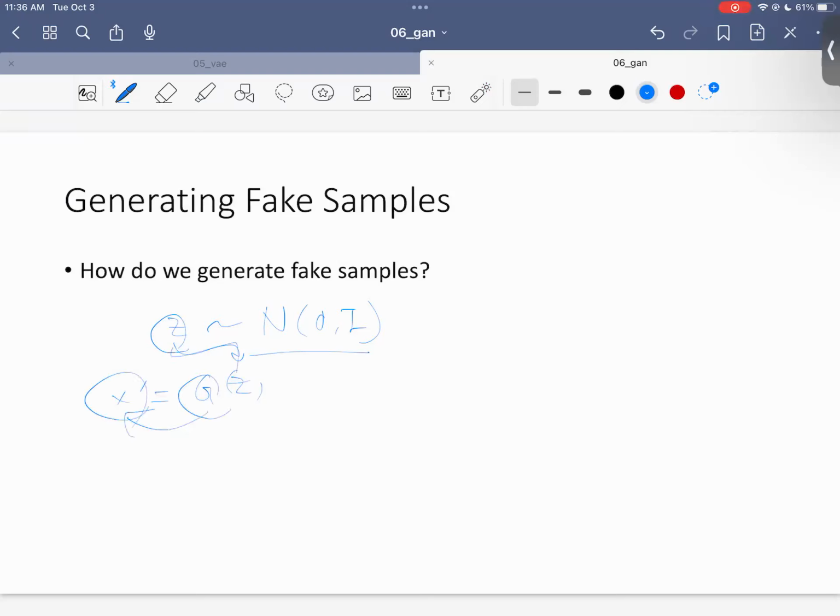So it's super fast, but it's not that different from VAE. After you've trained a VAE, you generate a fake sample by sampling from N and plugging that into the decoder, and that is your synthetic image.